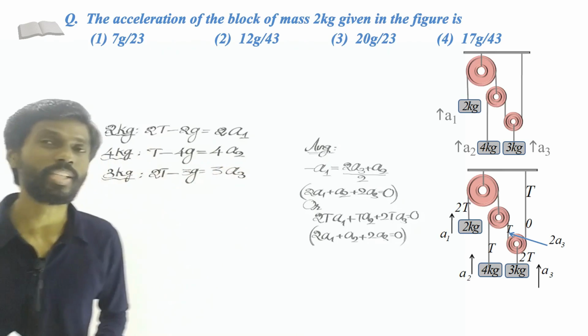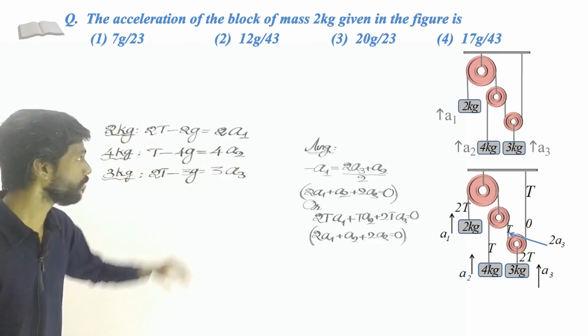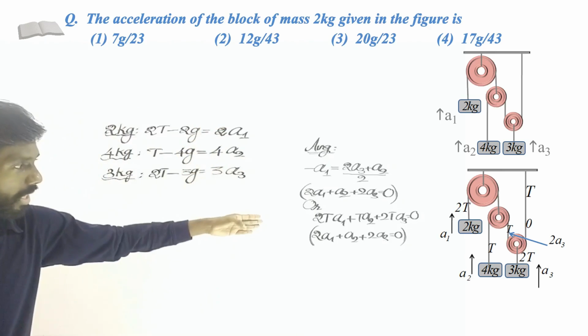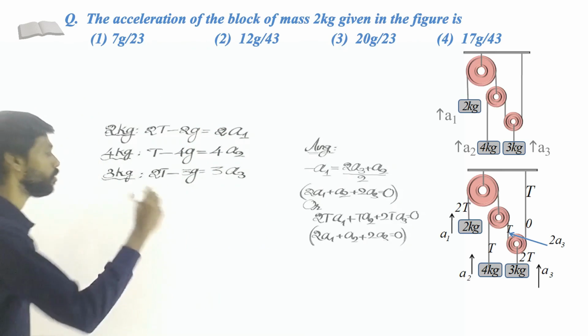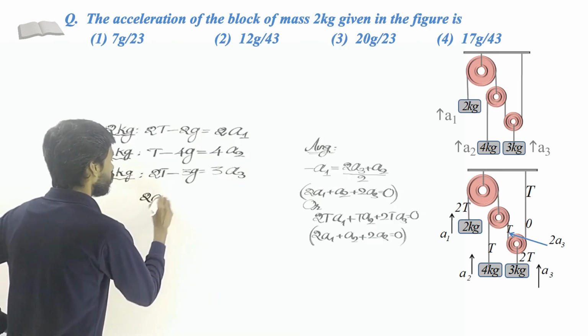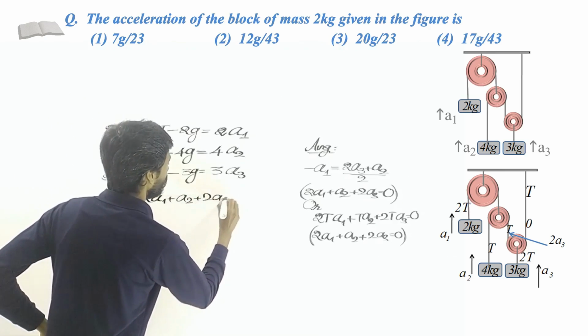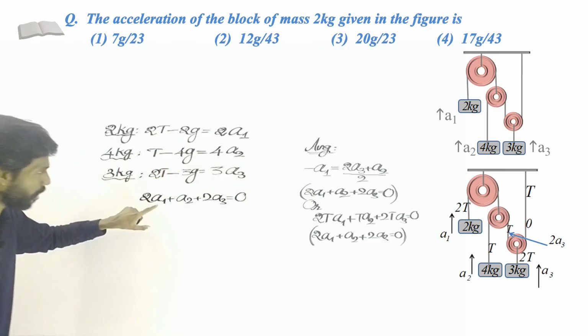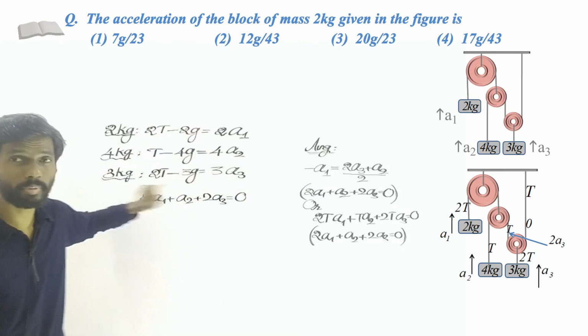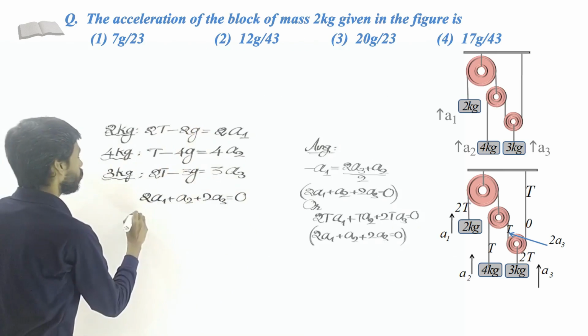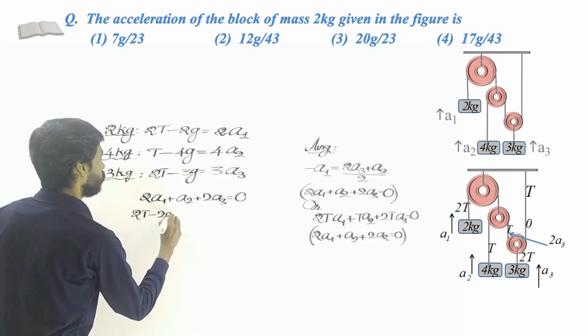Now we've got three equations. We have to solve them to get the values of these accelerations. We already have a relation between a1, a2 and a3, so we can use that: 2a1 plus a2 plus 2a3 equals 0. We have the values of a1, a2 and a3, which can be substituted here. What is 2a1? That is 2T minus 2g.